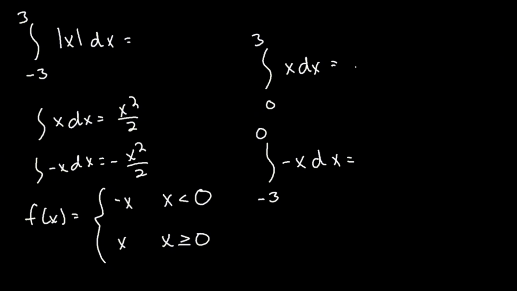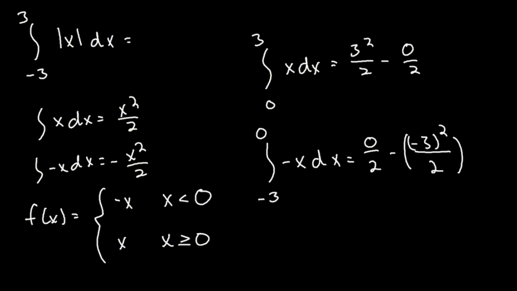So if we solve for everything individually, we get 3 squared over 2 minus 0 over 2. And if we solve for this, we get 0 over 2 minus negative 3 squared over 2. And the negative is here as well, since the antiderivative is negative x squared over 2.